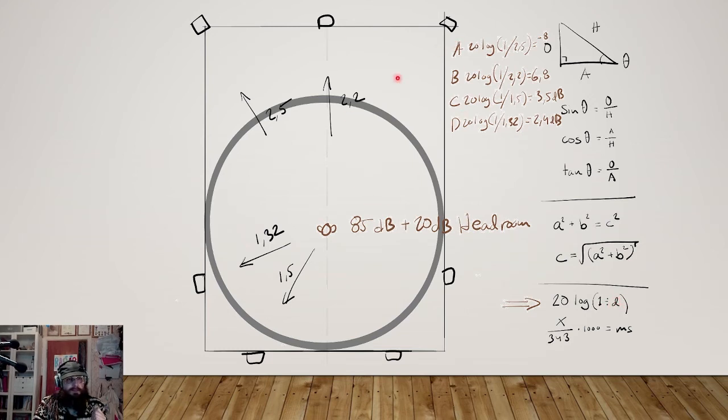So what we do then is we use the 20 log and we put in the distance. From our listening position to the left front speaker, we take 20 log 1 divided by 2.5.